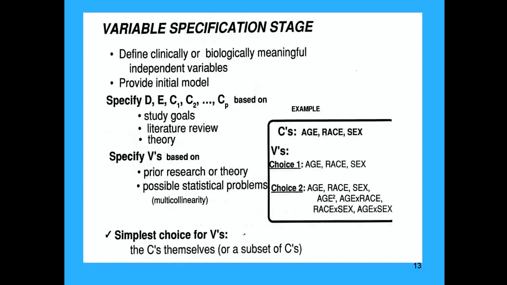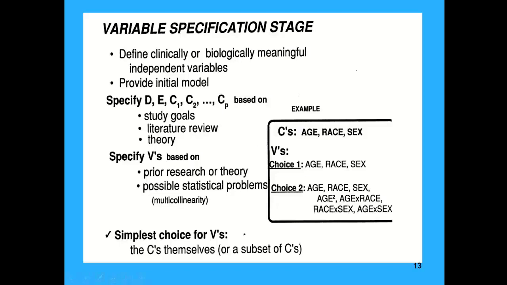Okay, now, here we go. Looking at the clock, we still have more than a few minutes. So we've now talked about the variable specifications, and we even talked about where DAGs fit in. That's when you define clinically or biologically meaningful independent variables to provide an initial model. As Eli talked about when he started reviewing things, when you start the process of model selection, whether a logistic or even a linear model, you first have to ask, what are you studying?